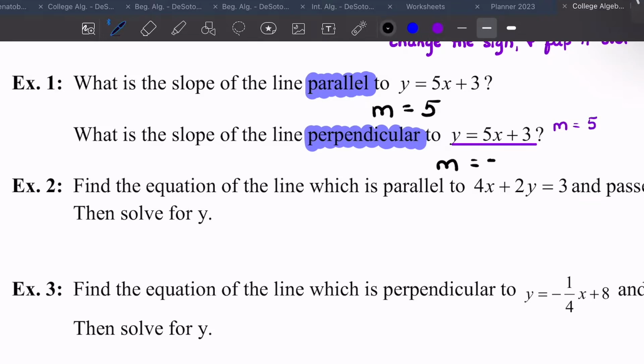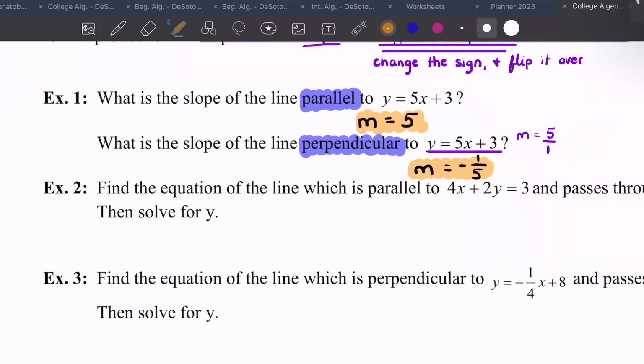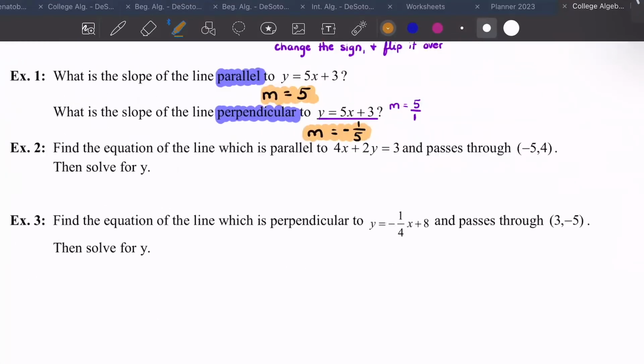It's positive, so I'm going to make it negative. And I need to do the reciprocal, okay? So this is 5 over 1. So I'm going to flip it over and make it 1 over 5. So those would be my two slopes, okay? So that's how you would identify the slopes.